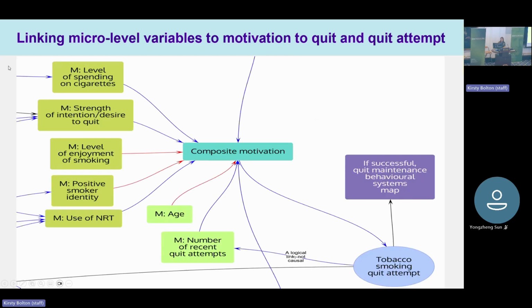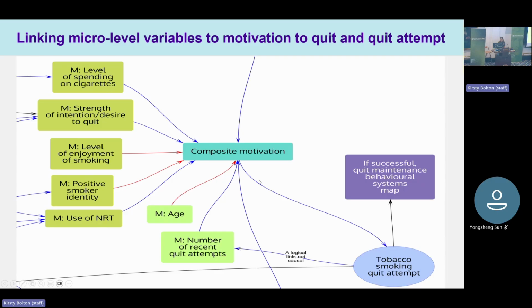And for motivation, we have level of spending on cigarettes, strength of intention and desire to quit, level of enjoyment of smoking, positive smoker identity, use of NRT, age, and number of recent quit attempts. And they all feed into composite motivation to quit smoking.